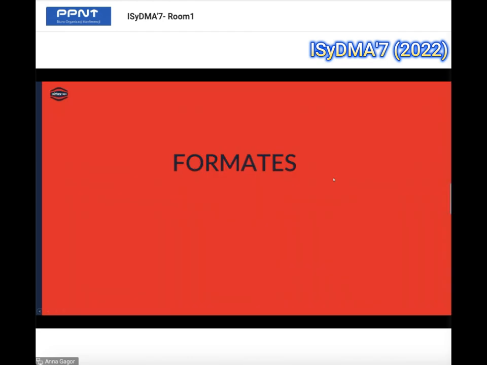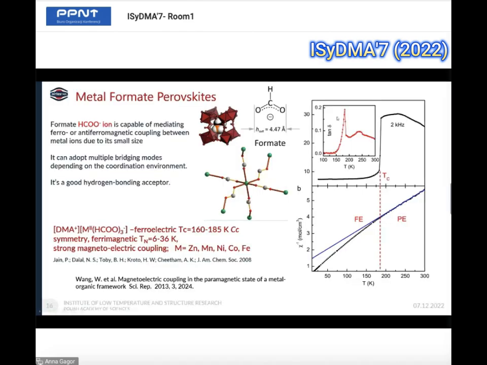So now let's switch to formates. Just by changing the halide ligand in the structure by the formate ion, which is drawn here on the top of the slide, we may enlarge the cavity and have a space able to accommodate larger molecules.